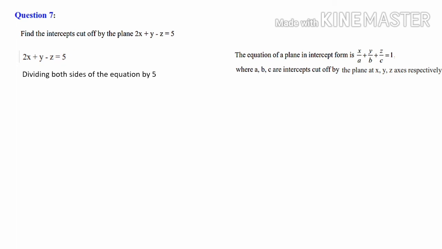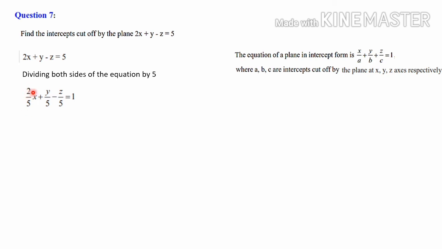For that, dividing both sides of the equation by 5, we will get 2 by 5 into x plus y by 5 minus z by 5 is equal to 5 by 5, which is 1. Now we have to make the x, y and z coefficients 1 again. Here y and z are okay, but when you check x, 2 by 5 is the coefficient.